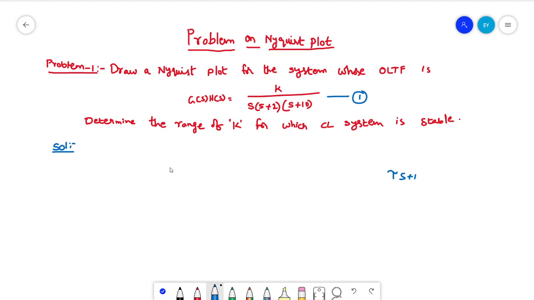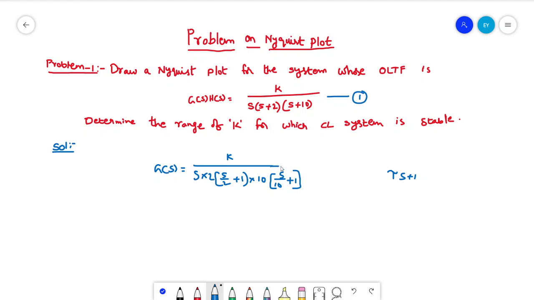So G of s is equal to K by s into 2 common, which becomes s by 2 plus 1, and 10 common, which becomes 10 into s by 10 plus 1.